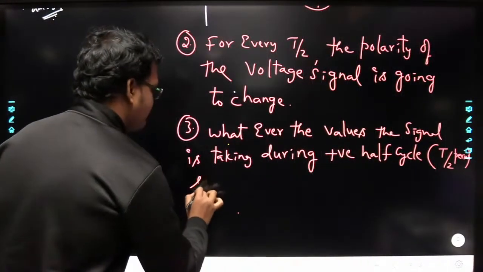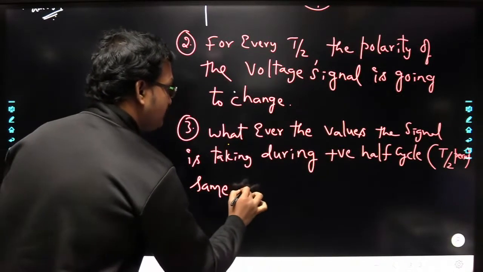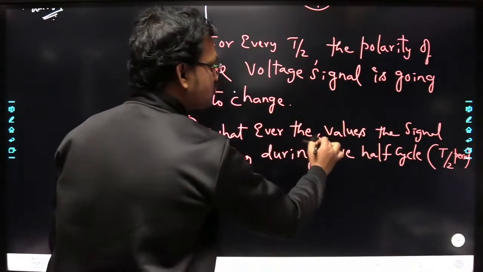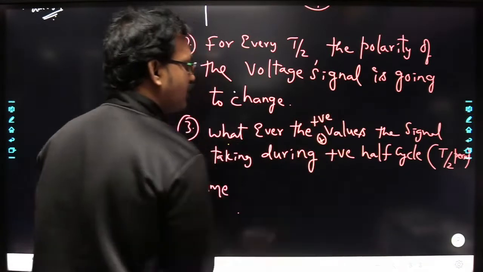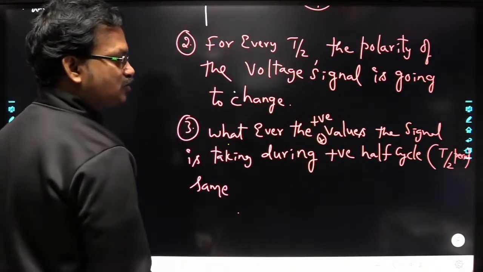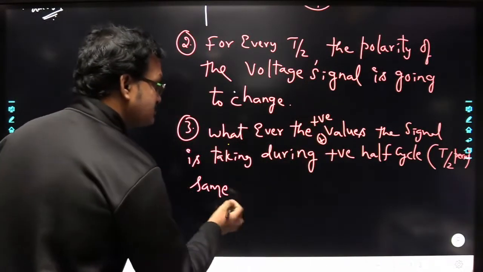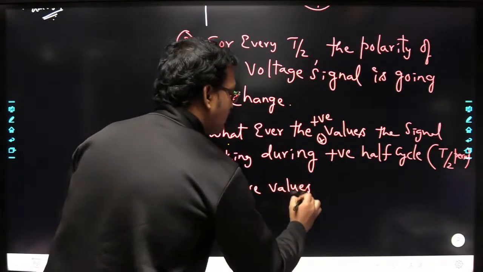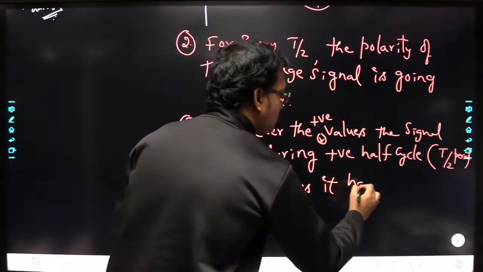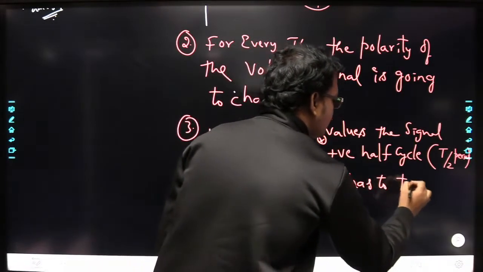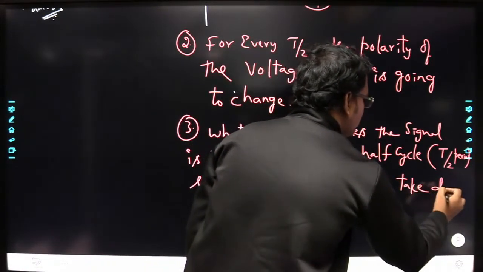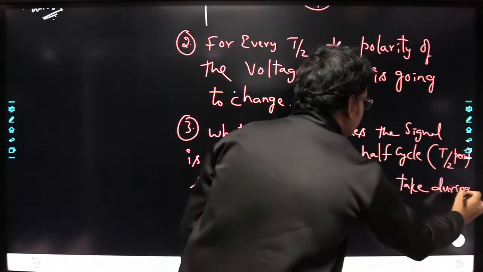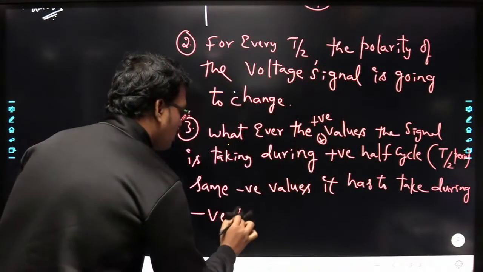Whatever the positive values the signal is taking during the positive half cycle, the same negative values it has to take during the negative half cycle.